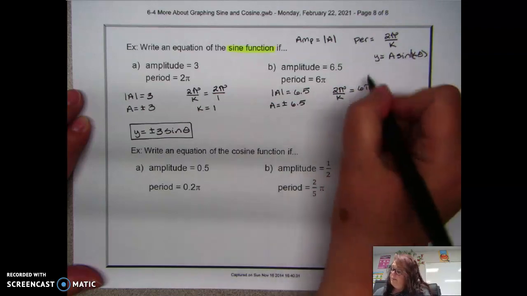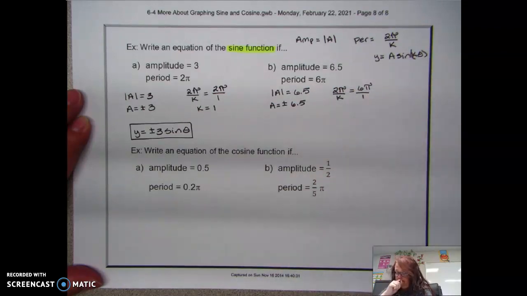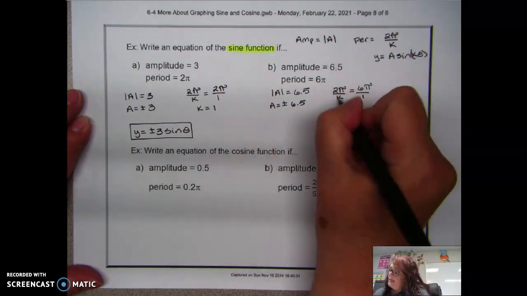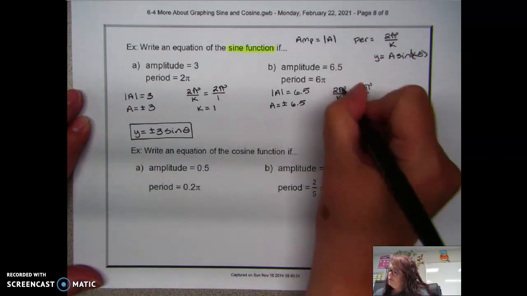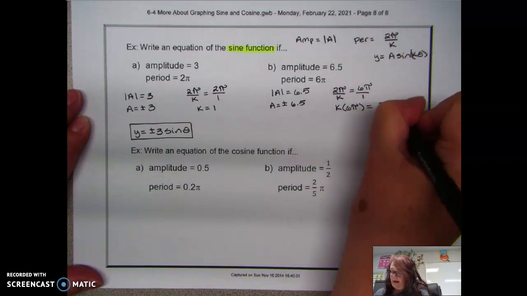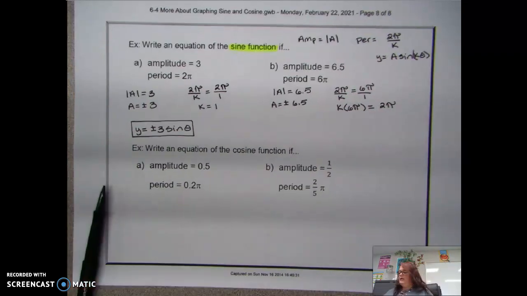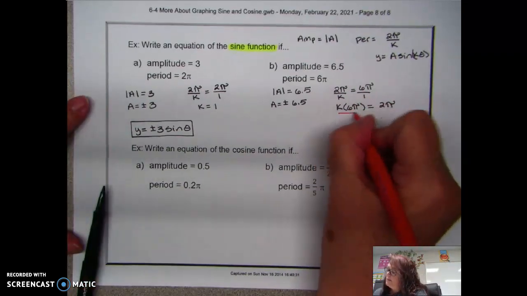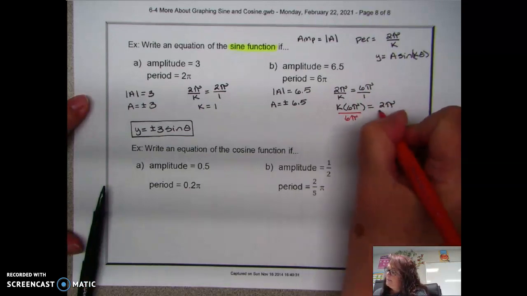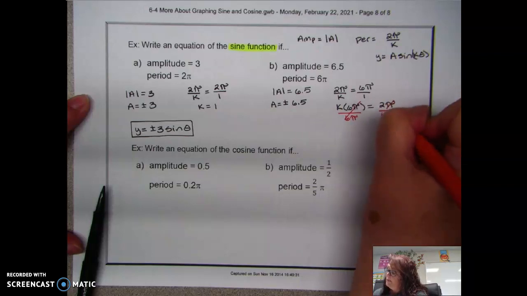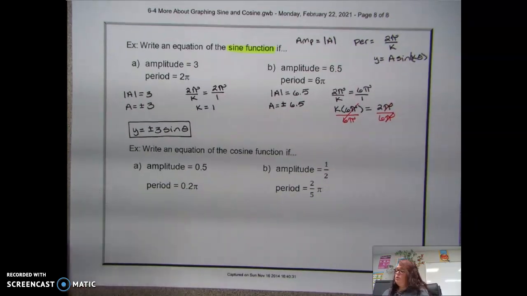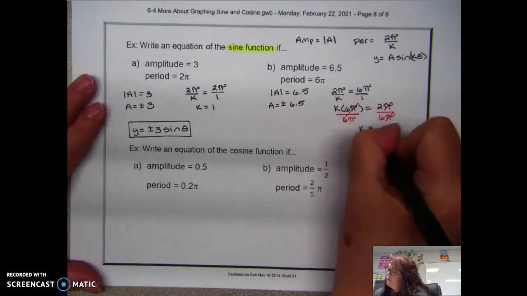And over here, if I put this over 1, I can cross multiply and say k times 6 pi is equal to 2 pi times 1, or just 2 pi. Then I'm going to divide both sides by 6 pi. So the pi's cancel, and 2 over 6 reduces to 1/3.